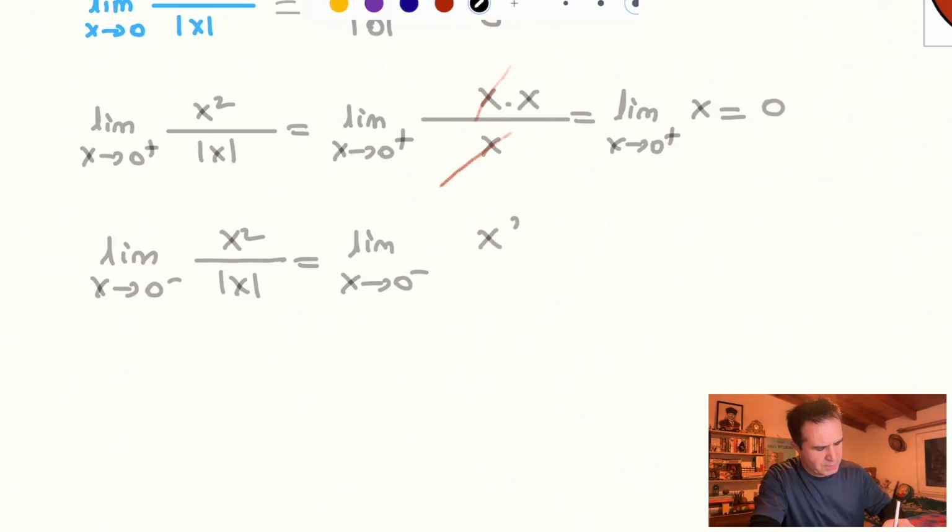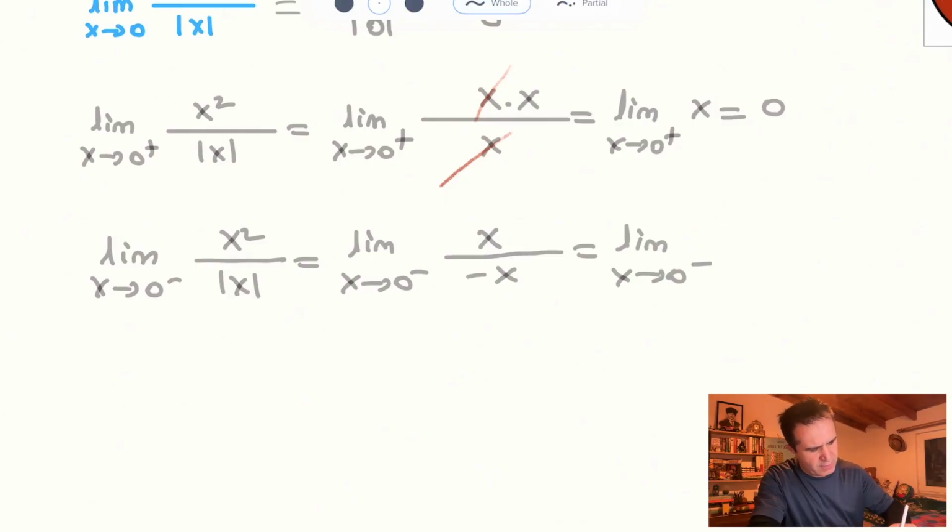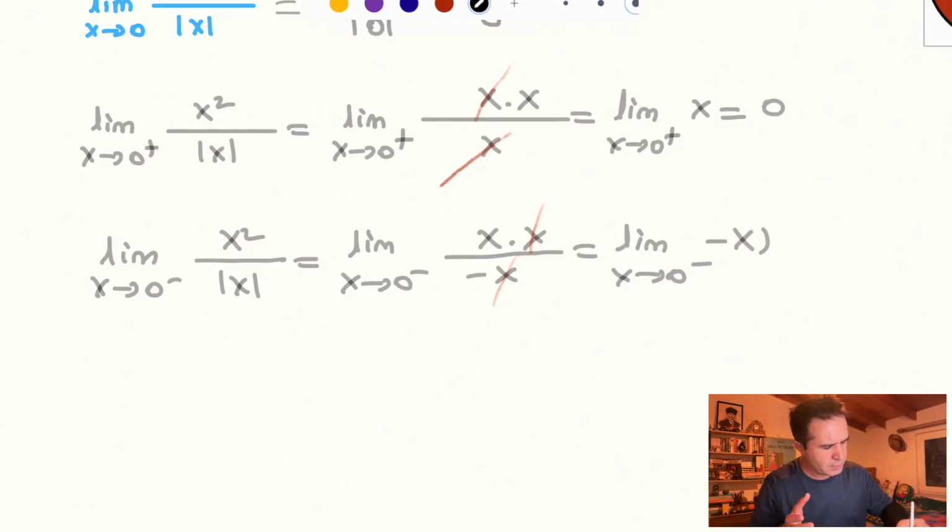So we have x squared divided by minus x, and we here have x multiplied by x. We cancel these x's and we have minus x, but this also will be equal to 0 again.